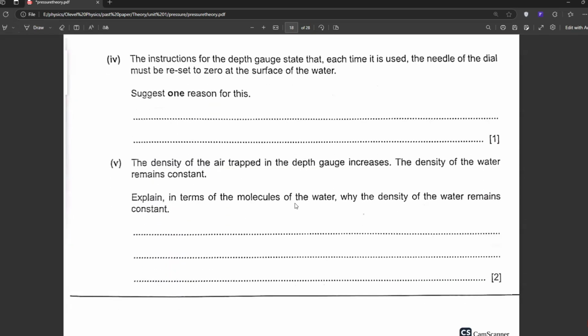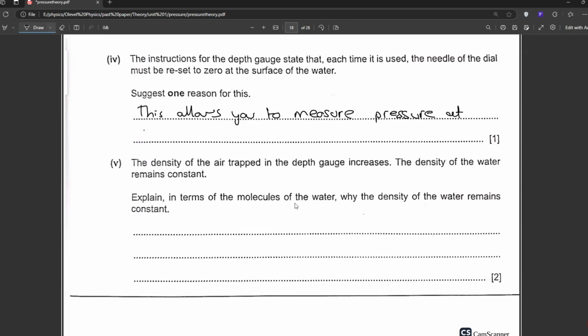Let's move ahead. The instructions for the depth gauge state that each time it is used, the needle of the dial must be reset to zero at the surface of water. Suggest one reason for this. This allows you to measure pressures at different atmospheric.